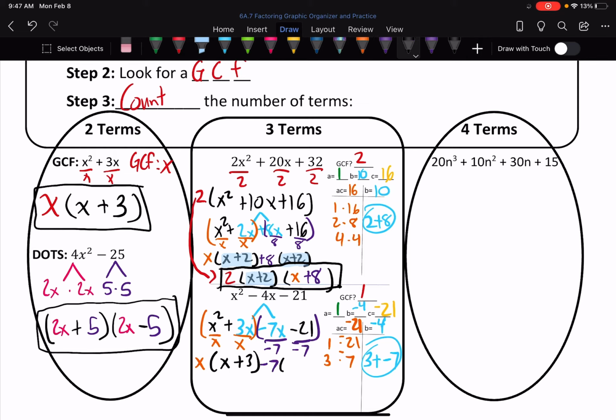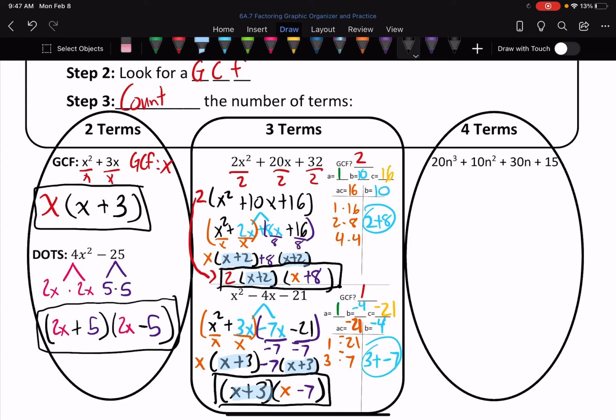Now I'm also left with a grouping of x plus 3 inside my parentheses. So my final factored form is x plus 3 multiplied by x minus 7. This form is our intercept form of the function x squared minus 4x minus 21. Both of these are equivalent expressions.